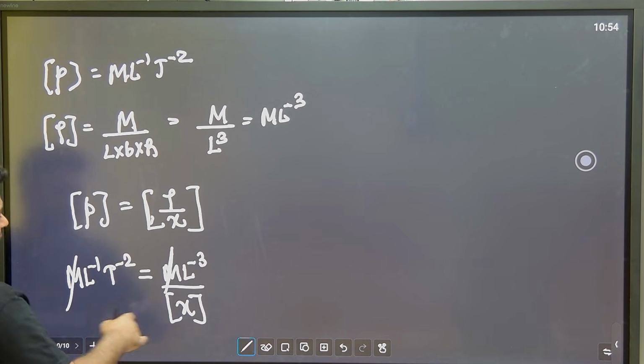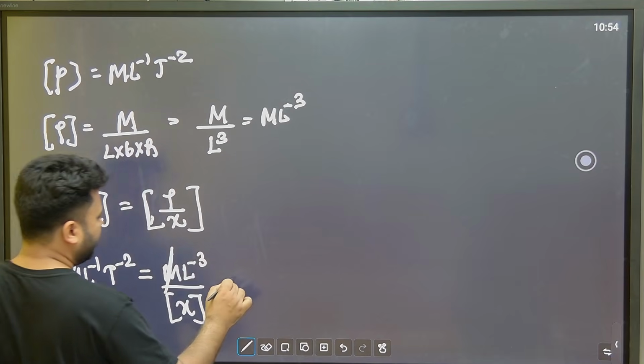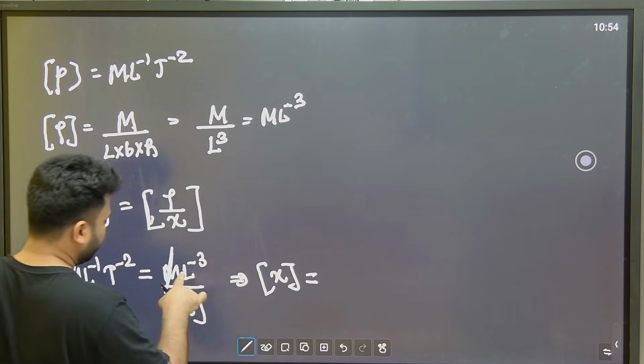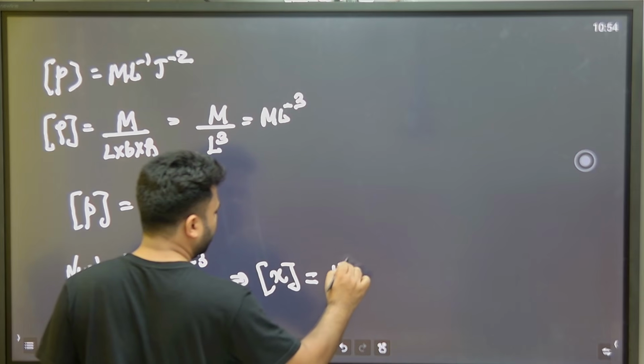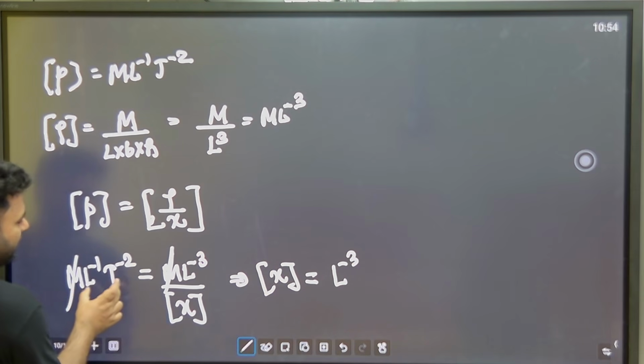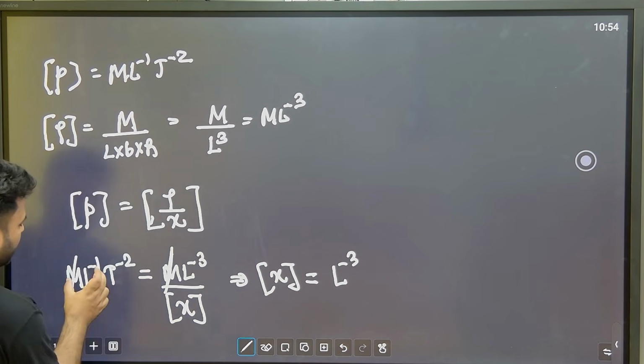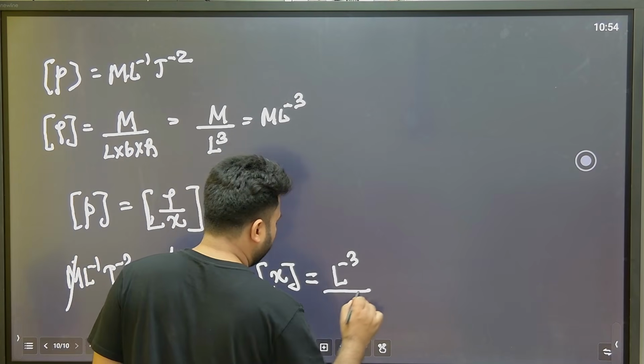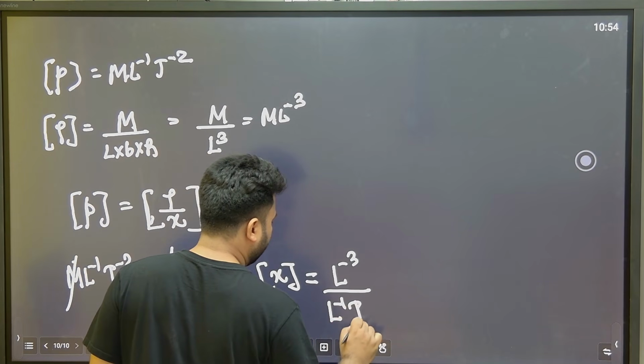So the dimension of X, I will shift this side. L minus 3 stays, and this term will come down. So L minus 1, T minus 2.